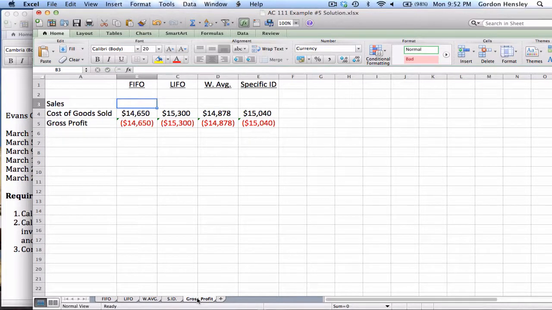Now, once I can figure out the sales, then I'll be finished, because if I plug the sales in, this will calculate, it'll deduct the cost and show the actual gross profit. Now, the good thing about sales is once I calculate that, it's actually going to be the same across the board for all 4 methods, because this is where I'm finally going to use those retail prices. So I had 2 sales.